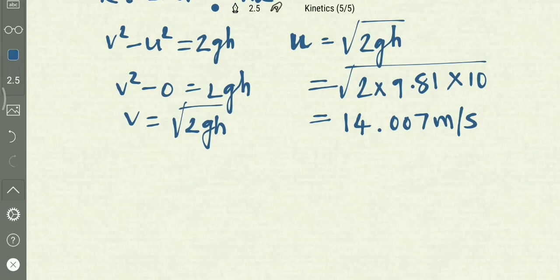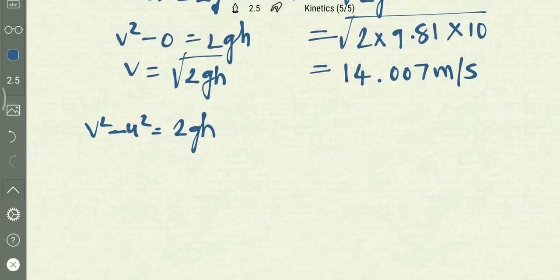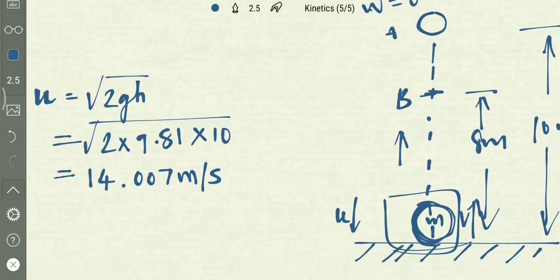After hitting the ground, the body travels up to a height of 8 meters. So when the body is traveling upwards, v squared minus u squared is equal to 2gh. Here the final velocity will be 0, because the body travels from the ground up to B and then falls again.